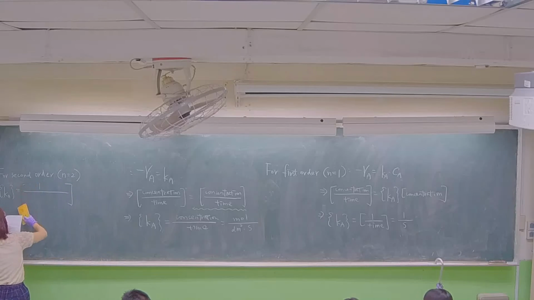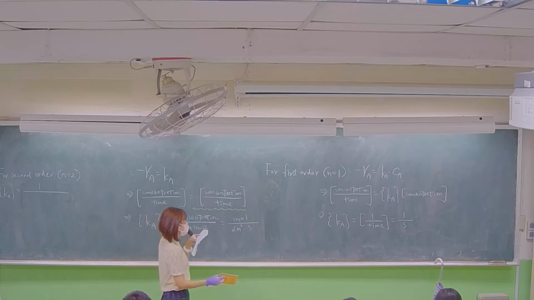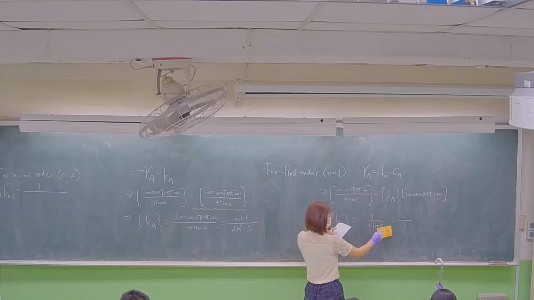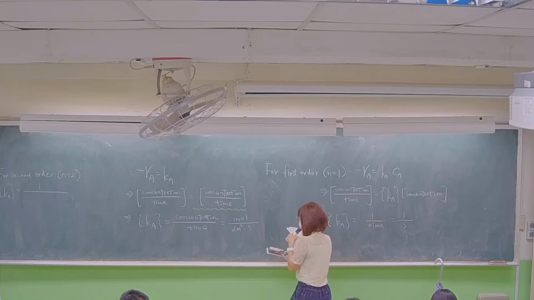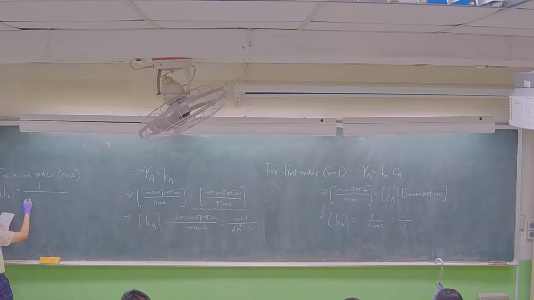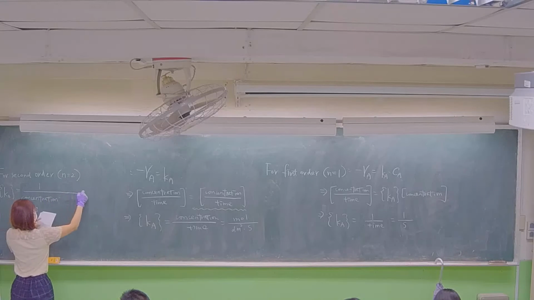Let's not draw boxes, just to be consistent. The unit for Ka is 1 over concentration and time.